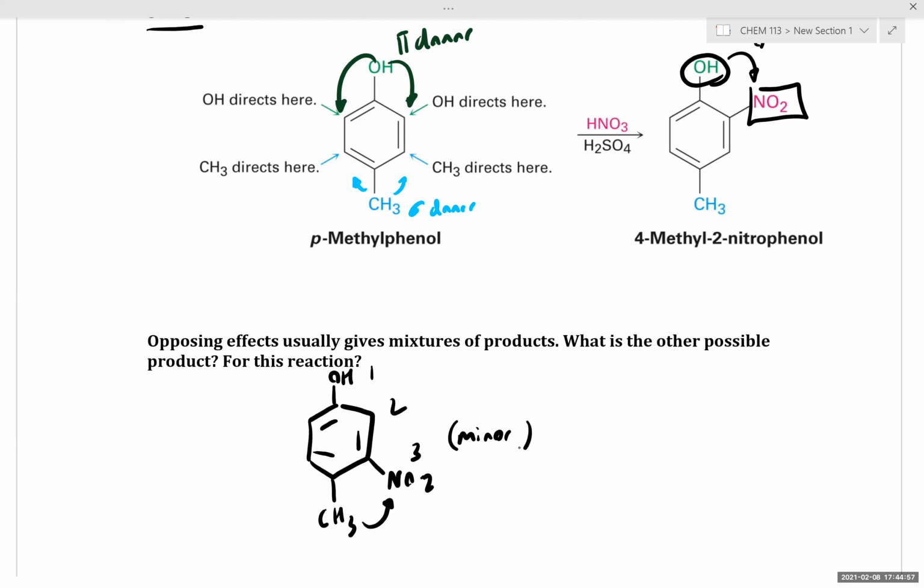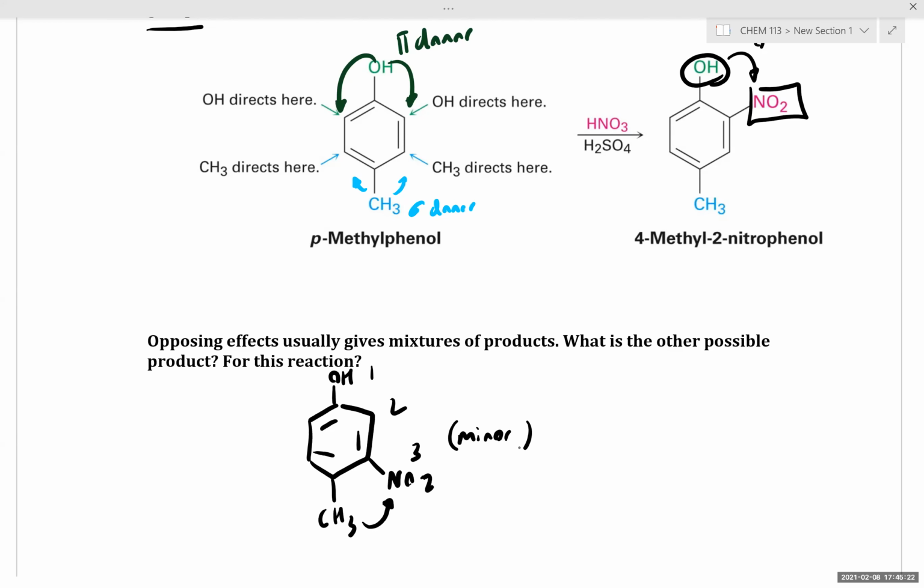Any other questions on this example? Another question. Whenever we see the hydroxyl and the methyl, we'll automatically know that the hydroxyl is stronger, so we're going to get the major one that we had at the top. Yes.